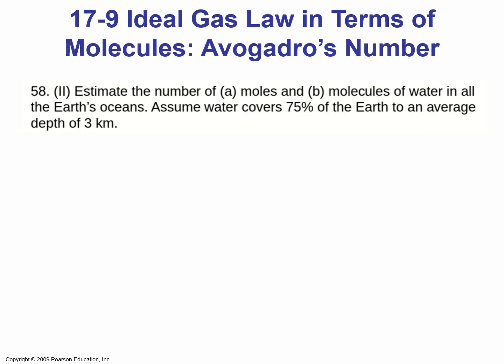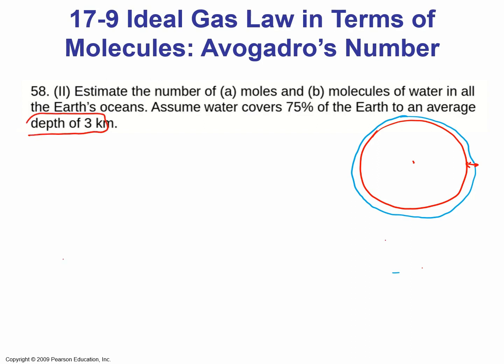So to solve this problem, we imagine that the thickness or the depth of the water on the surface is negligible, or very small compared to the radius of Earth. Suppose that this is the average depth of the ocean, and this is the radius of Earth.